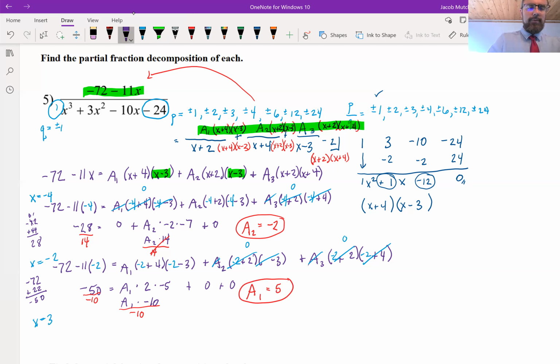So just as we did with the first two, I'm going to substitute 3 for x. So negative 72 minus 11 times blank, that'll be a 3, equals a sub 1 times blank plus 4 times blank minus 3, plus a sub 2 times blank plus 2 blank minus 3, plus a sub 3 blank plus 2 blank plus 4.